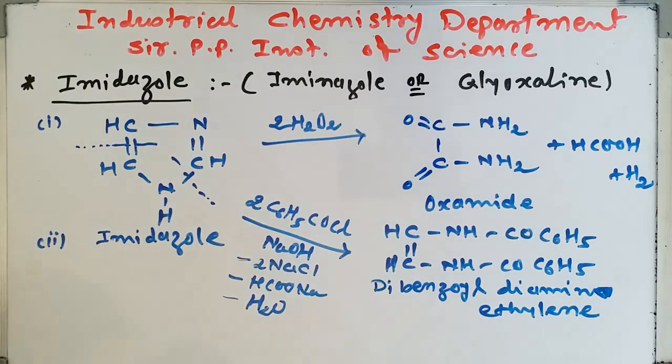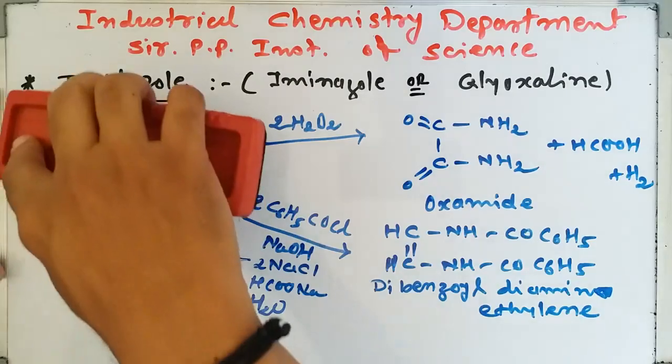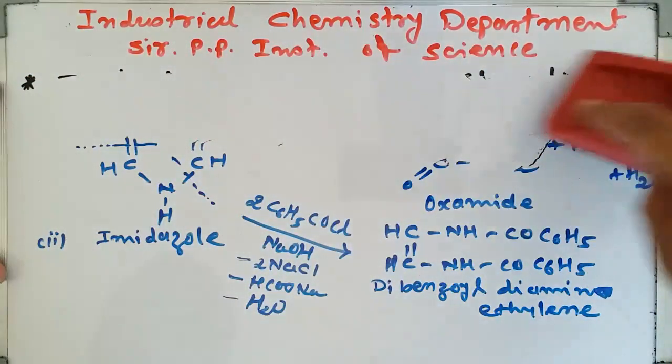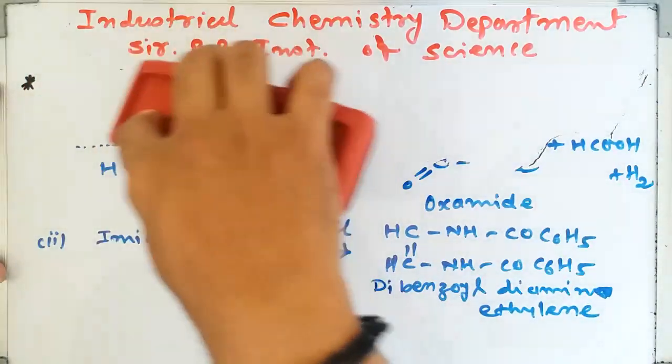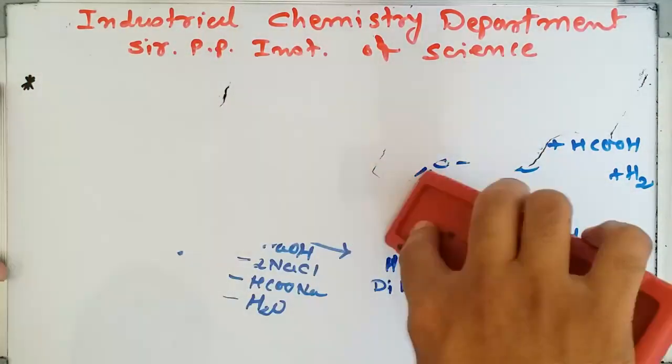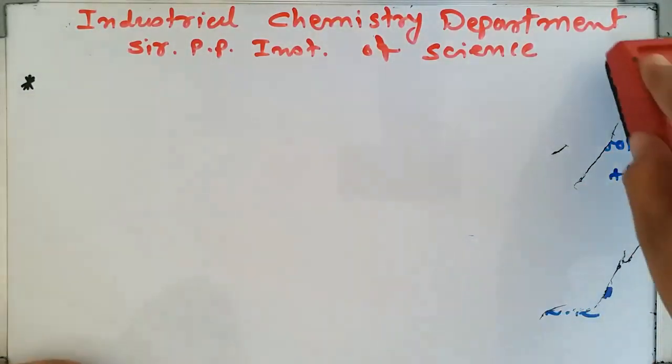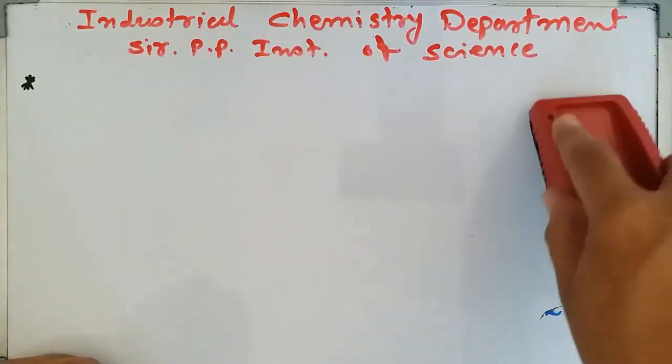Now we start with the next compound, that is oxazole. Today our second heterocyclic compound is oxazole.